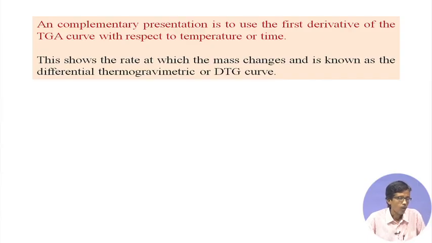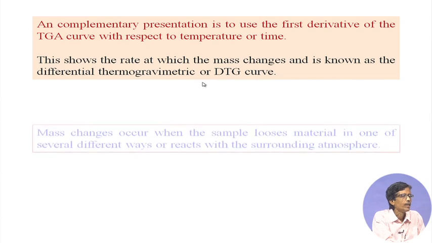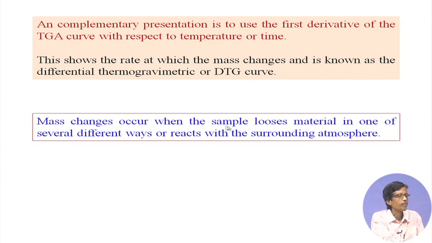So, what we see so far is the DTG curve, and then the mass changes in that particular case. Why does it go for the corresponding mass change? Because the sample loses some amount of material in one of several different ways, or it reacts with the surrounding atmosphere. It loses mass, as I told you just now, if you have a calcium carbonate sample or a corresponding magnesium carbonate sample.